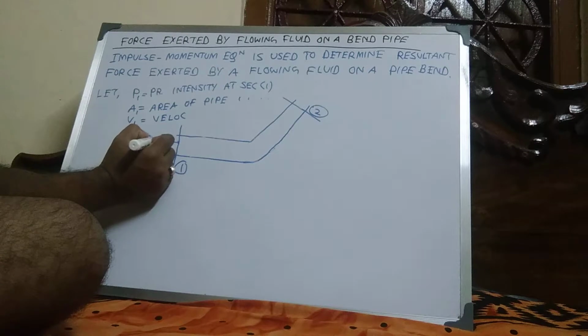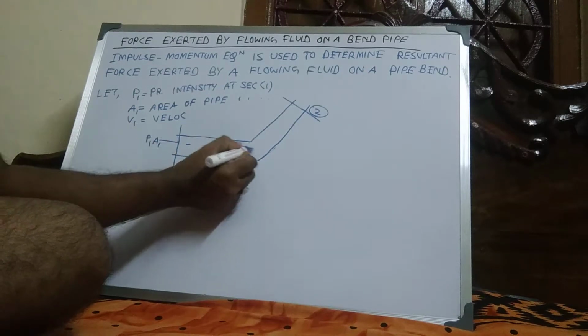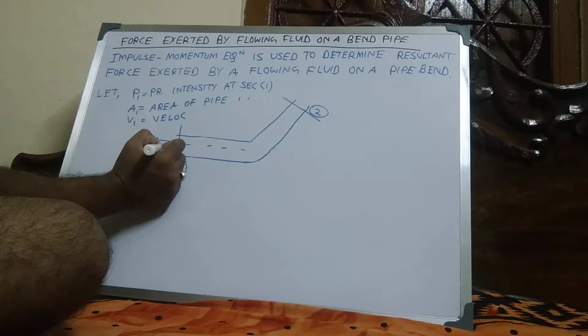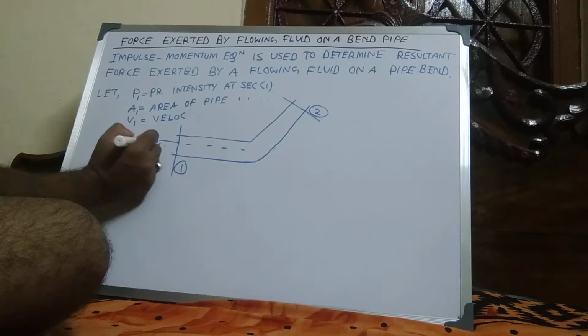This is the pressure P1 into A1, and velocity V1.